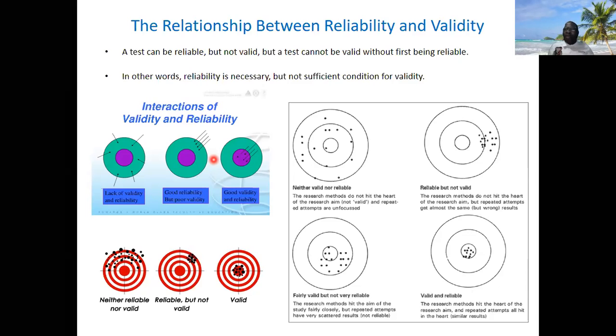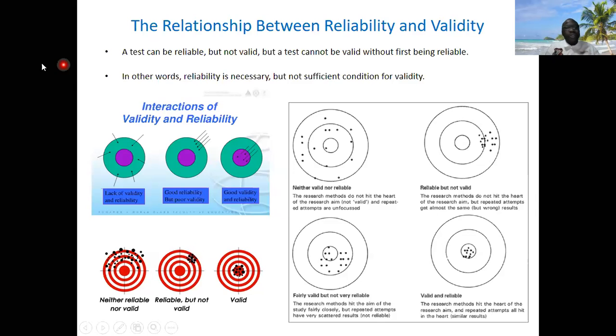If I'm doing a study, another person is doing it in America, another in India, and you get the same result applying the same method, that shows it's reliable. But it may not be measuring what you say it is measuring. In that case, not valid.